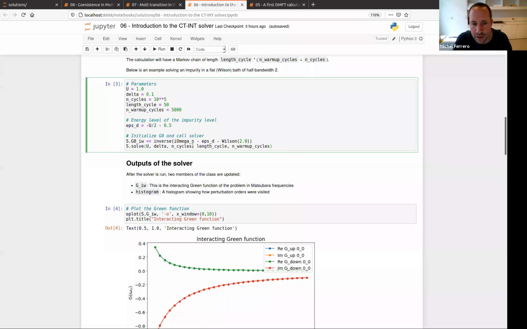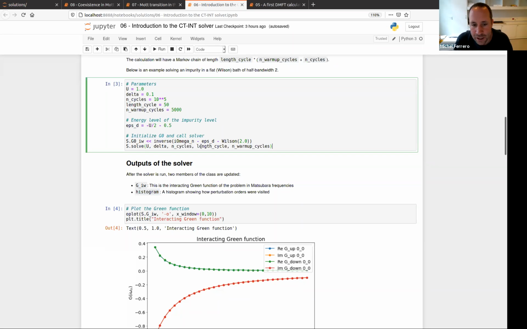The main one I would say is the number of cycles. This n_cycles tells you how many measurements you're going to do in your calculation. So this is how many times, during the generation of Monte Carlo configurations, you will measure your Green function or the object that you're interested in. So the larger this number, the better your statistics and the smaller your numerical error bars.